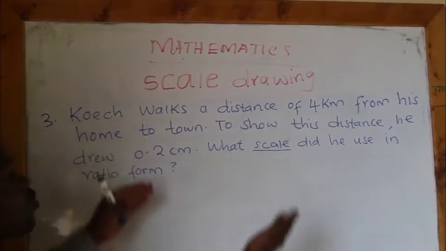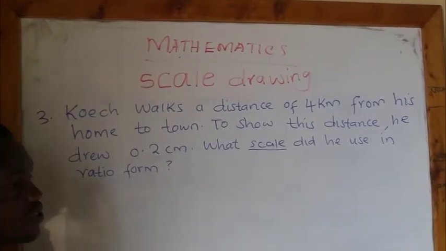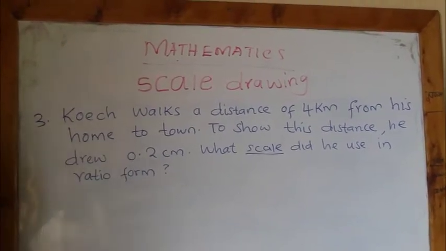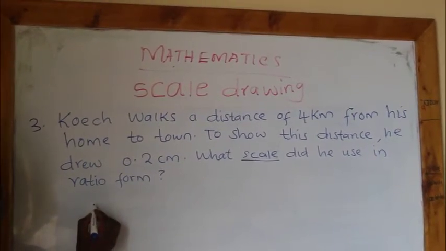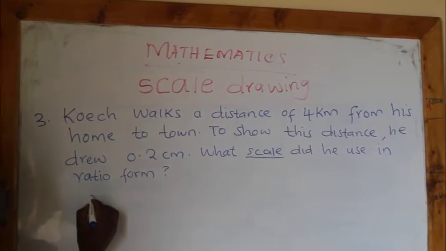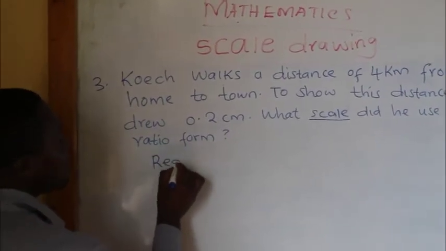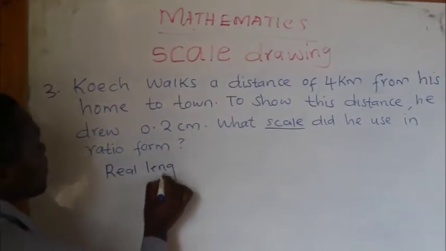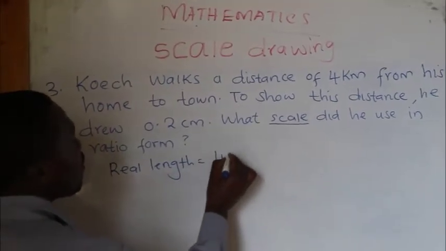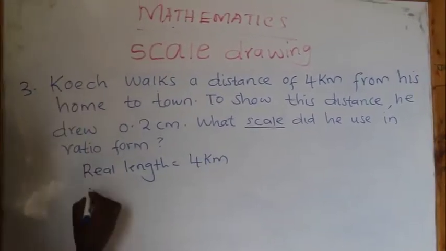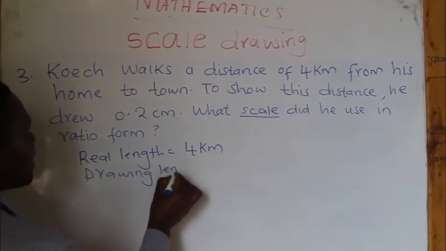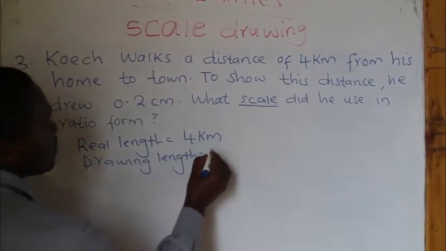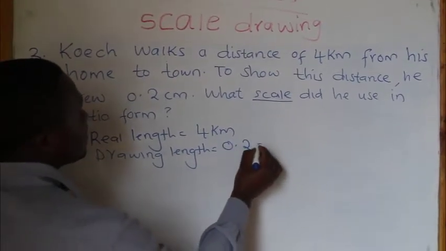So in this case, we want to know which scale he used. What I'm going to do is represent this here. This is the real length. The real length is 4 kilometers. And here, the drawing length is 0.2 centimeters.